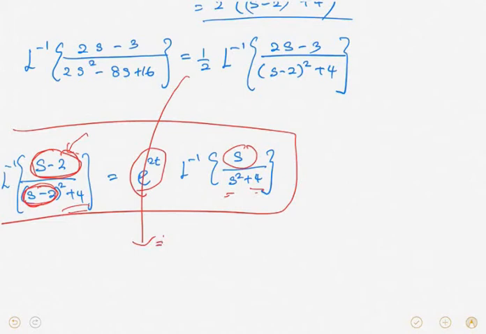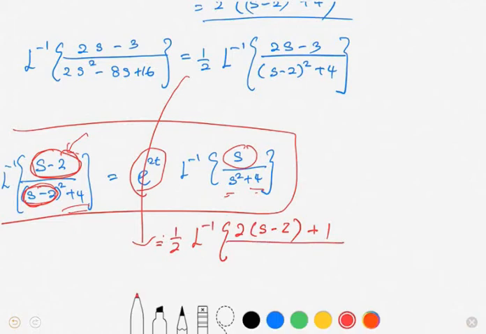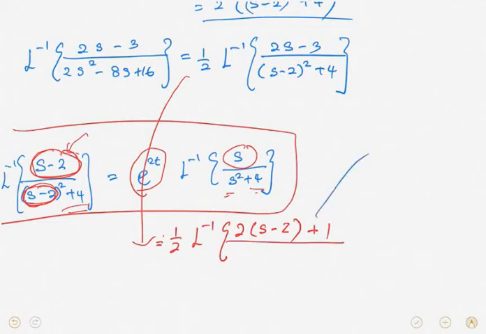So it's equivalent to half of the inverse Laplace transform. We apply the first shift theorem, means that we need the 2s minus 2 plus 1. Okay, why plus 1 here? Because if you look at here is 2s minus 4 plus 1.